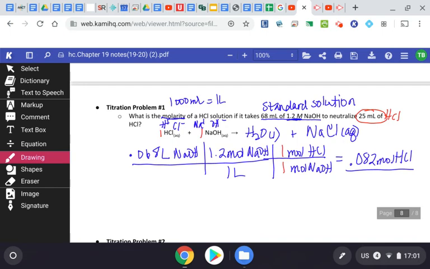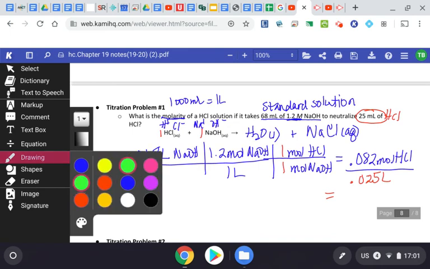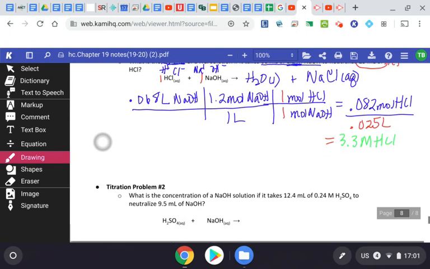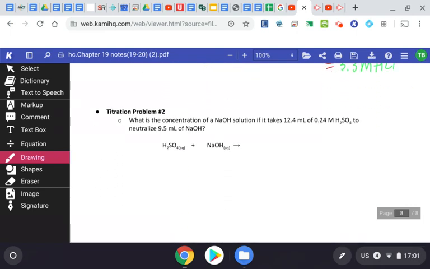So 25 divided by 1,000 gives me 0.025 liters. And that in turn comes out to be 3.3 molar hydrochloric acid.